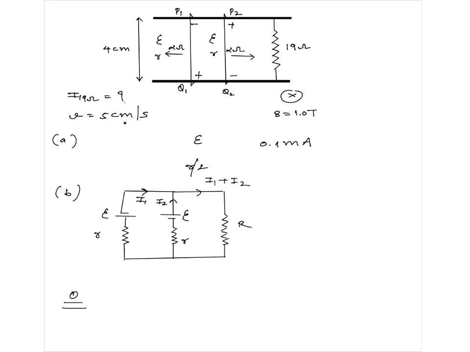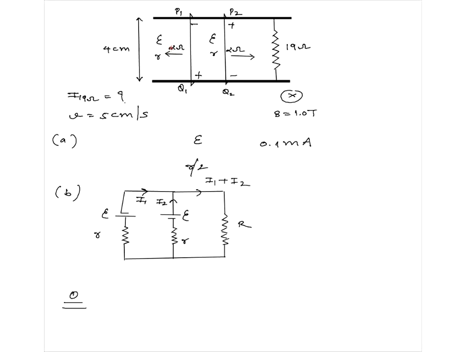Magnetic field is cross, it's there everywhere, and it is 1 Tesla. First part, if they both go towards right side, both arrows to the right side, what is the current in 19 ohm resistor?